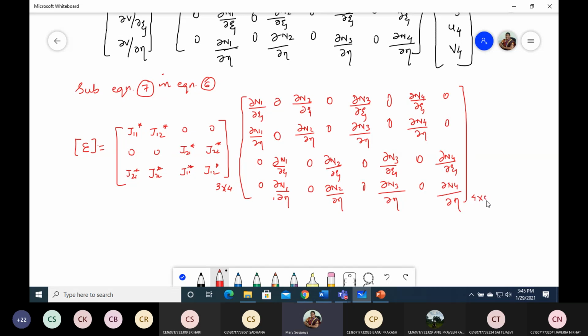4 by 8 matrix. And then finally what we have? U1, V1, U2, V2, U3, V3, U4, V4, which is 8 by 1 matrix.